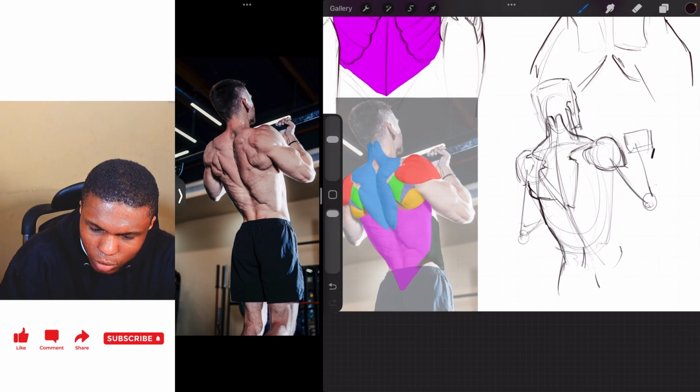So the main shapes right now are handled. Let me add the triceps over there.